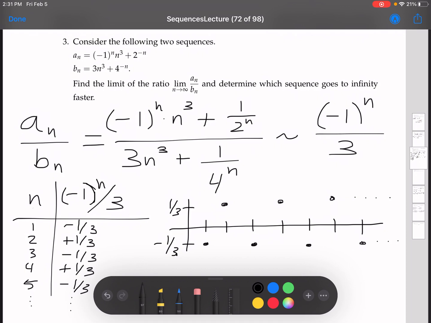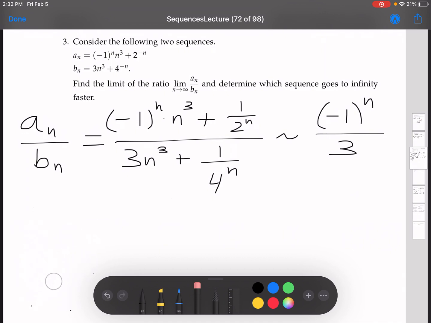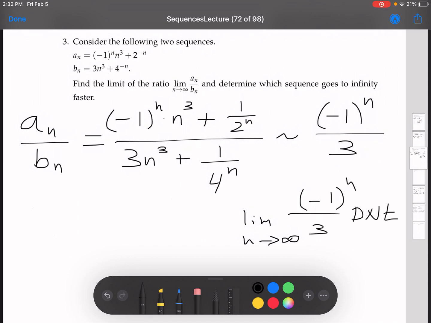So you can see that this sequence doesn't ever narrow in on a particular number. So it does not converge. So the limit does not exist. So what we'd say from all of this is that this thing doesn't exist.